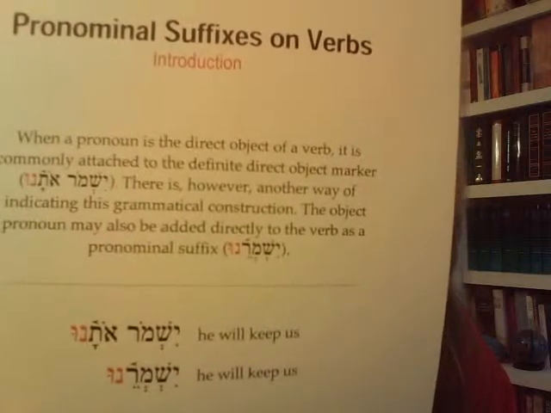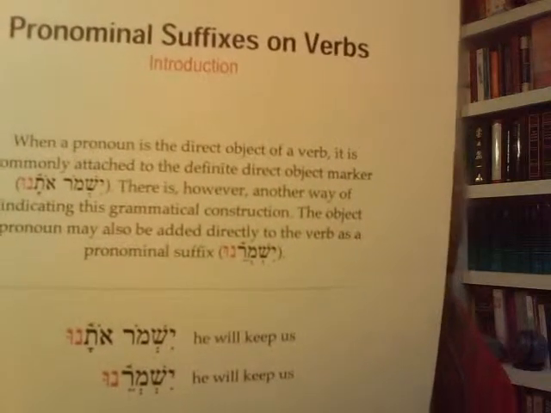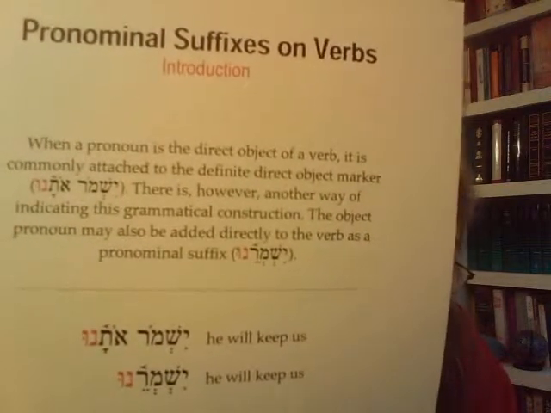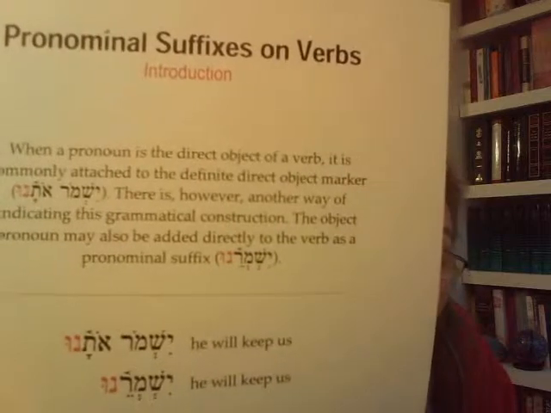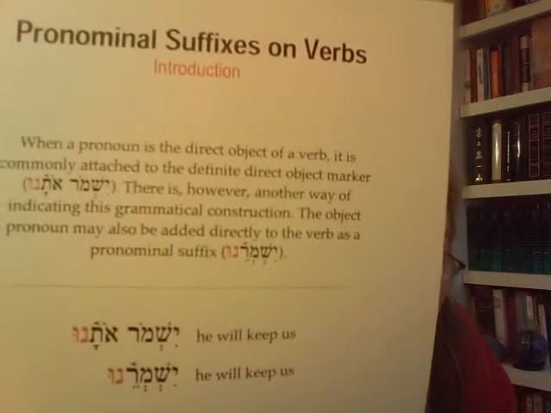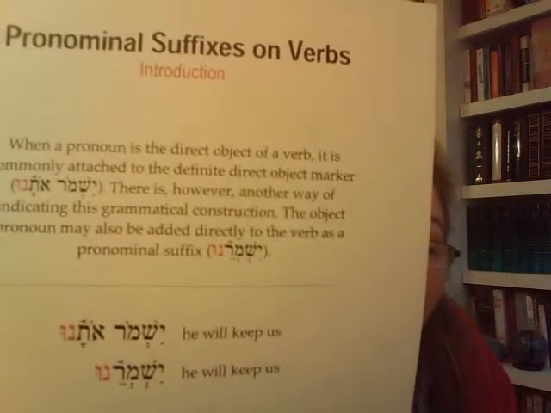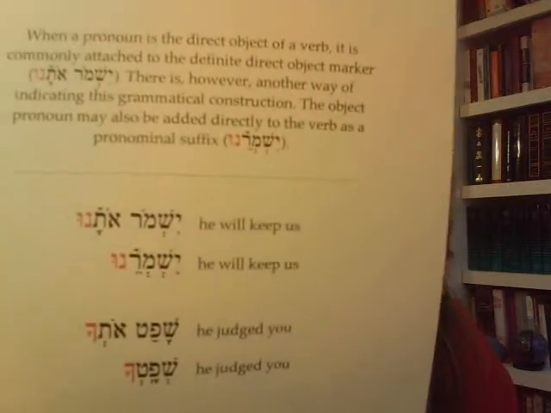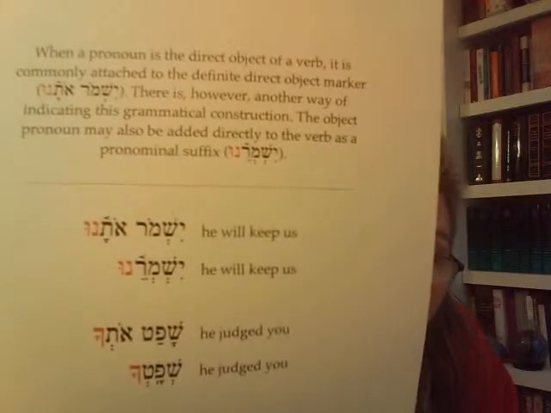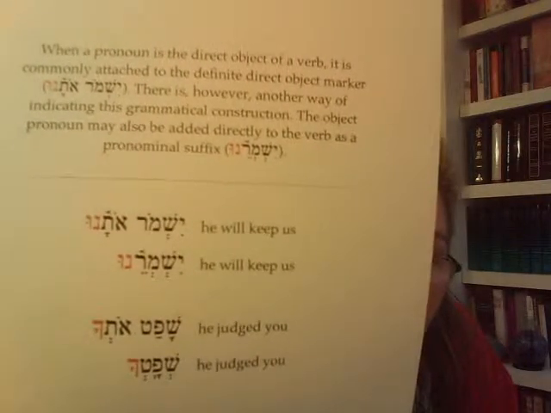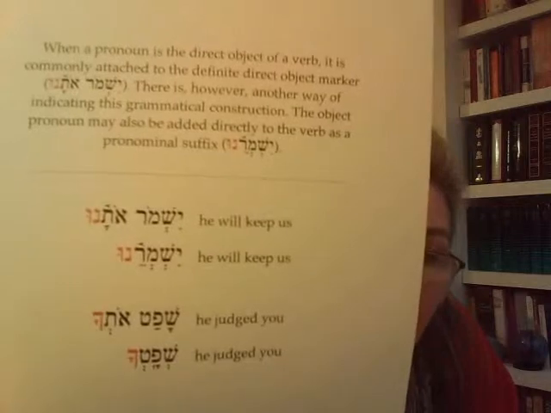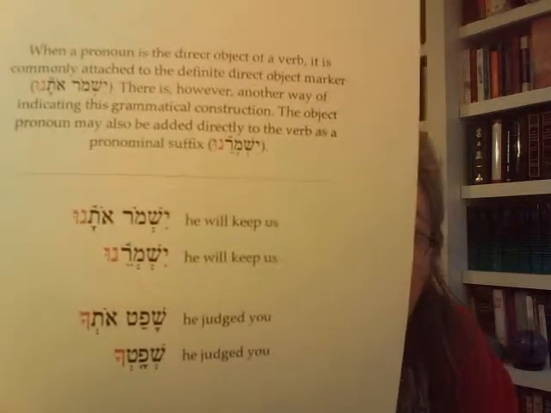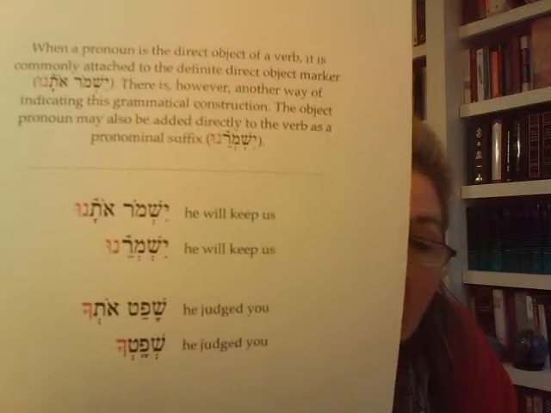You will find both ways in the Hebrew Bible, and so you need to be aware of this. And in this next sentence, shofet otakh, he judged you, or shofetakh, he judged you. Both have the same identical translation value.